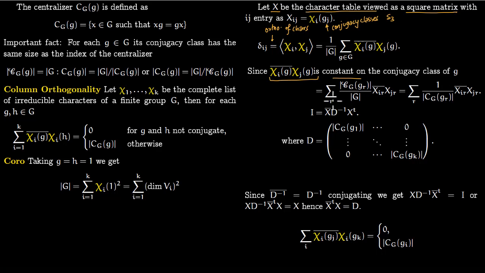So now we work on the conjugacy classes instead of this group. Instead of this group, you're working with the conjugacy classes. This g comes in, and therefore since you're working with the conjugacy classes, you have the size of the group here. Now this comes right here, because this x_jr is nothing but our chi_j g of r.